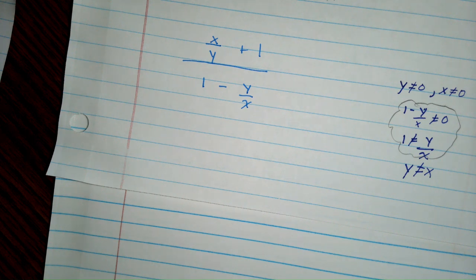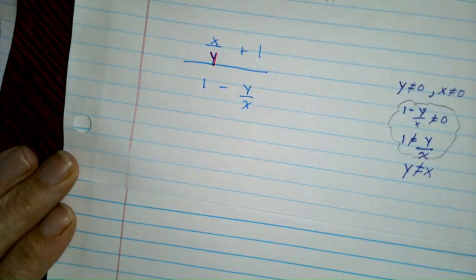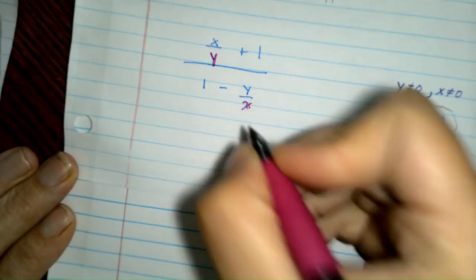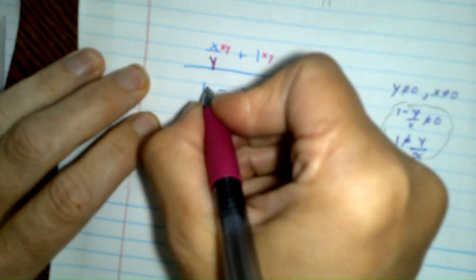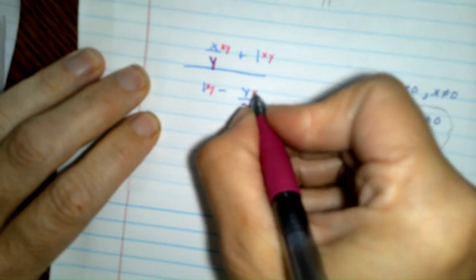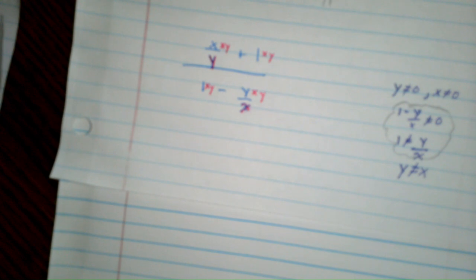So instead of getting a common denominator on the top, getting a common denominator on the bottom, and then switching it, I'm going to say, look, if I were to multiply this by y, it would get rid of this denominator, multiplying by x. So I'm going to multiply everything by xy. I'm just distributing it. That's all I'm doing, instead of writing 2 steps where I distribute it.